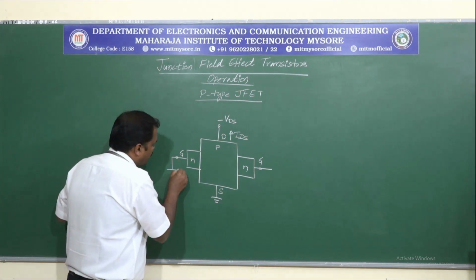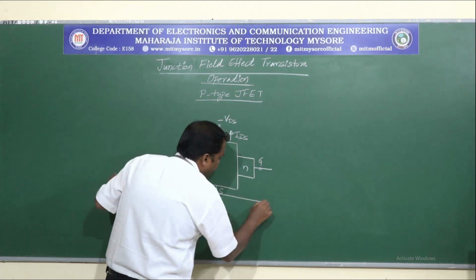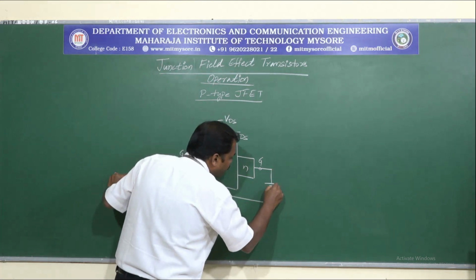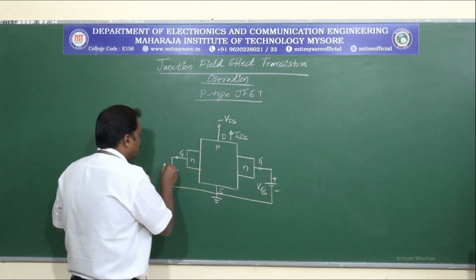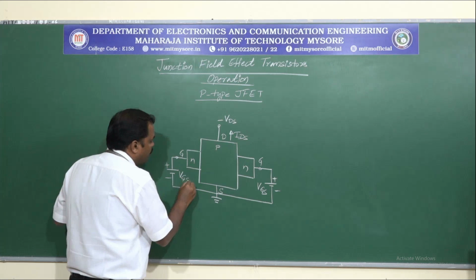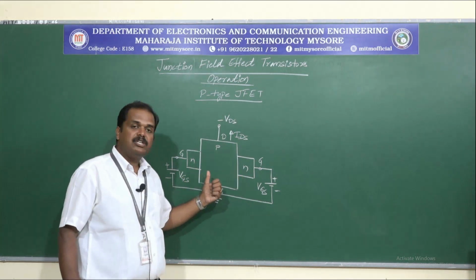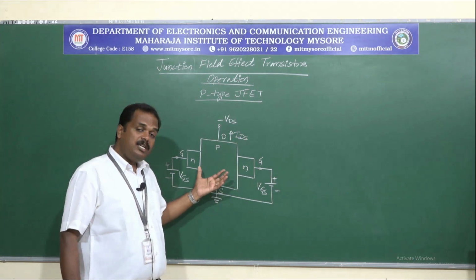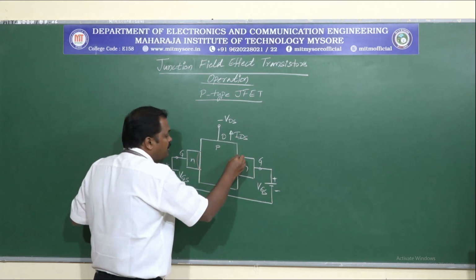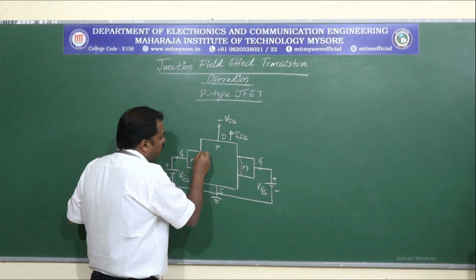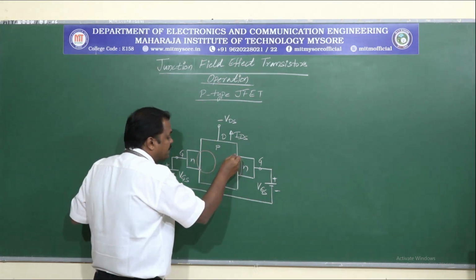So let us say we have a positive gate to source voltage connected here, plus minus, this is VGS, and this is also plus minus, this is VGS. These two positive voltages will make the two junctions reverse biased, and because they are reverse biased, the depletion regions penetrate more towards the channel region.